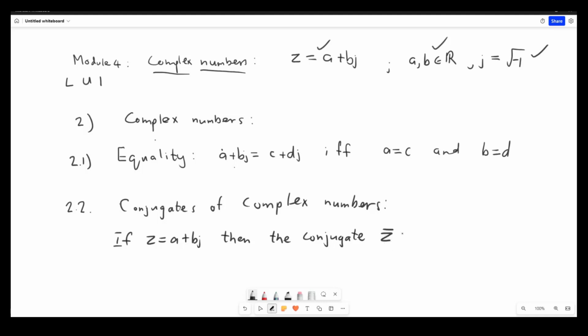The conjugate of z is equal to a minus bj. Okay? So you can see that the part that's affected with that definition is the imaginary part. It's this part here. There's a sign change there that occurs. Okay, right.